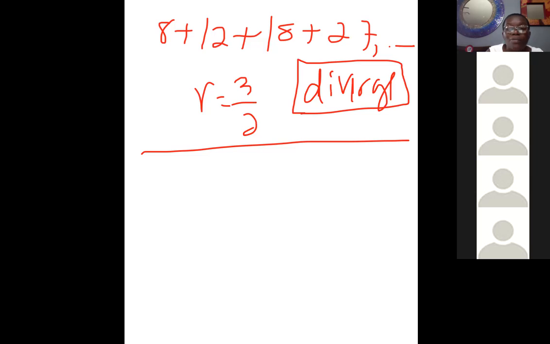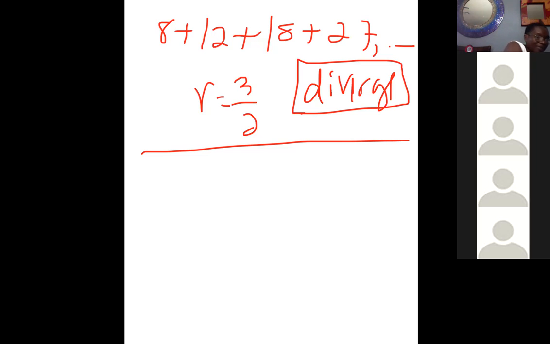Let's say somebody comes up to you on the first day of the month and gives you $1. Then on the second day of the month, they double it, so you have $2. On the third day, they double the previous day, so you would have $4.